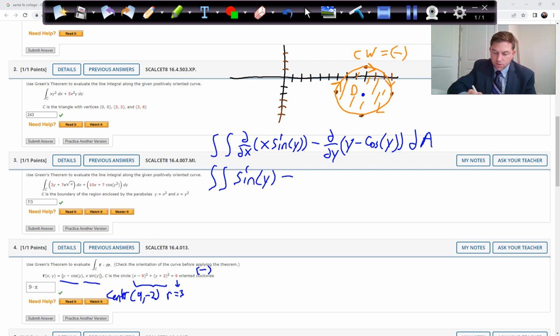The partial derivative of this one would be 1, partial derivative of y, minus the partial. Let me put parentheses here, this minus is going to distribute a couple times here. So this is 1. The partial derivative of cosine is minus sine, but it's minus minus sine.